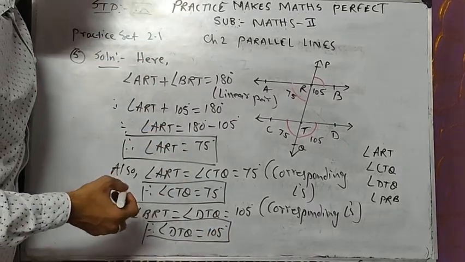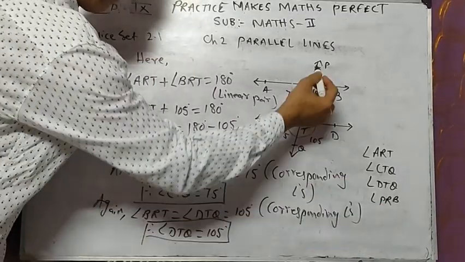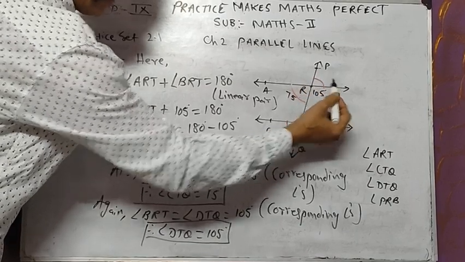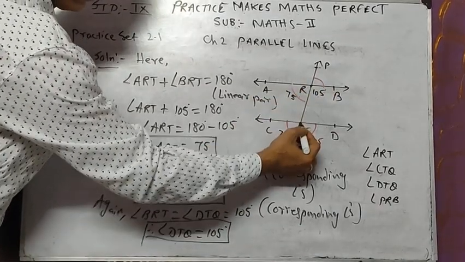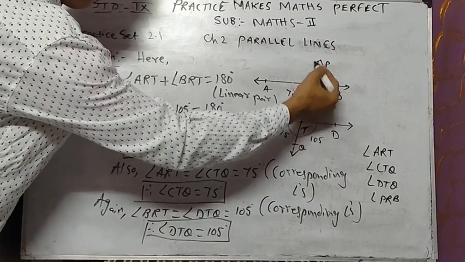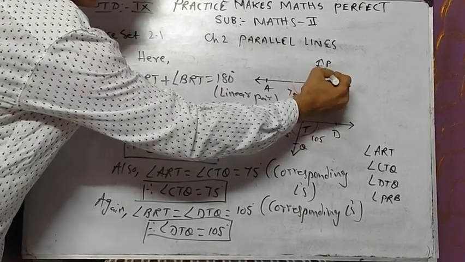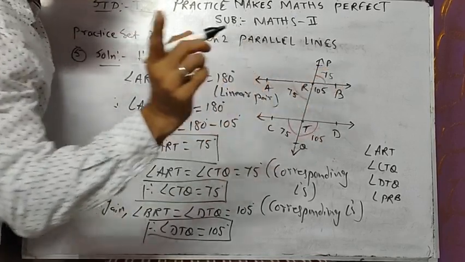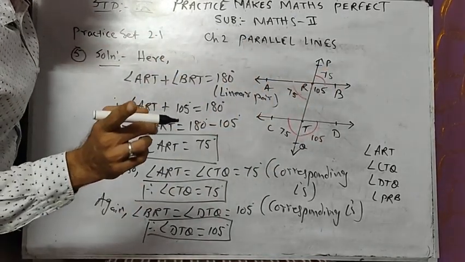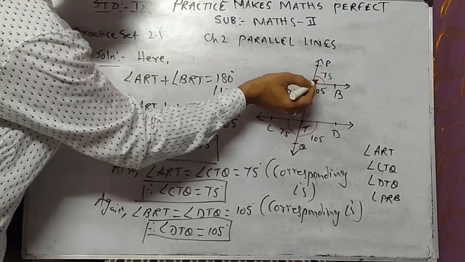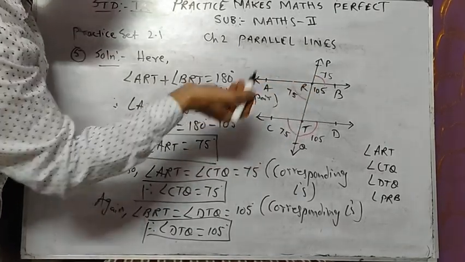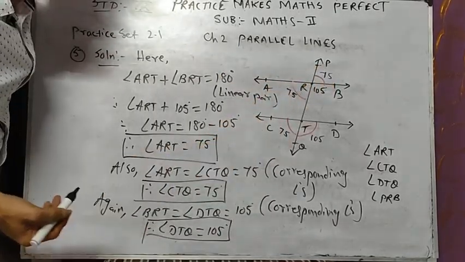Now the last angle remaining is PRB. Whatever is ART, the same will be PRB, vertically opposite angles. Vertically opposite angles are equal, all of you know very well. Or else you can find it with the help of linear pair also, but this vertically opposite angle will be easy for you.